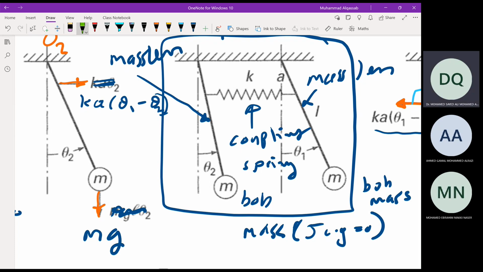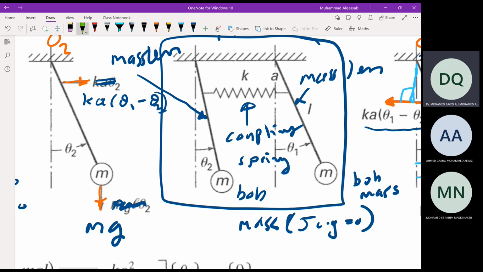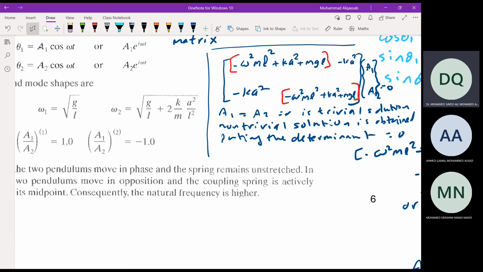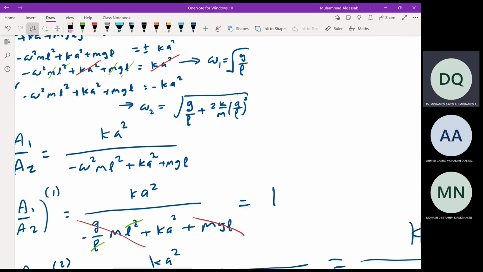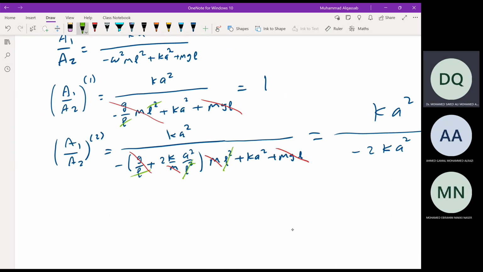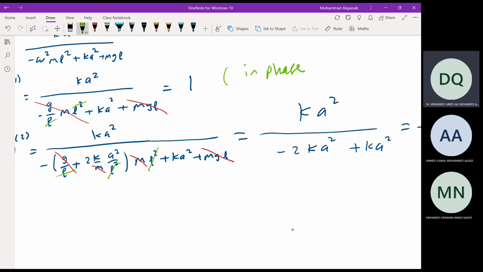If you remove the spring, it is going to do the same thing. This is the first mode, which corresponds to the two pendulums becoming as one simple pendulum. Here we have in phase and A1 equals A2, the spring is not active.